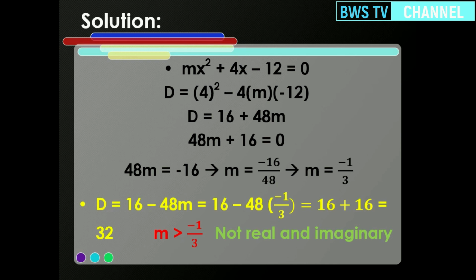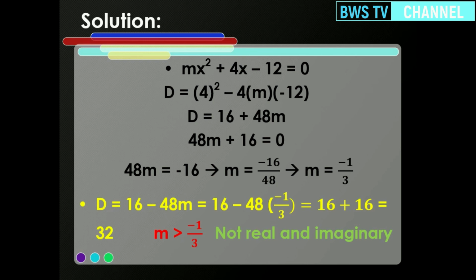Let's try first higher than negative 1/3, which is positive 1. So replace m there: 48 times positive 1. What if your m is 1? So that will be negative 48.